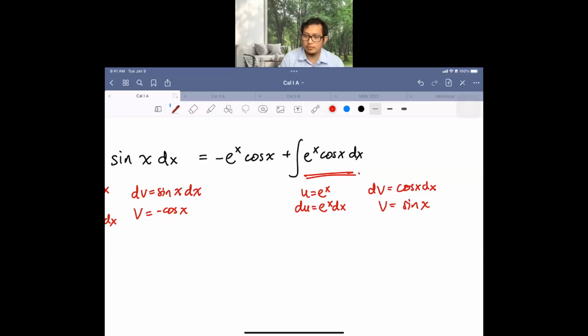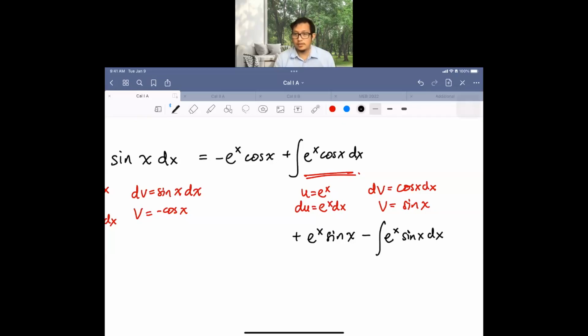You see that we now have e to the x sine x, and then minus, okay, integral of e to the x, v du, sine x dx.